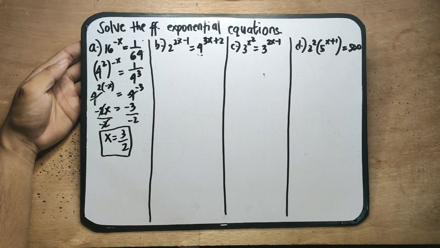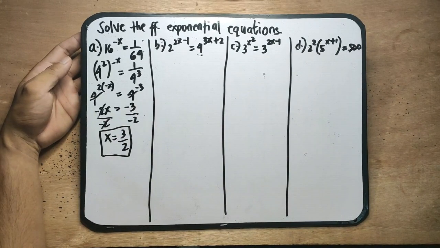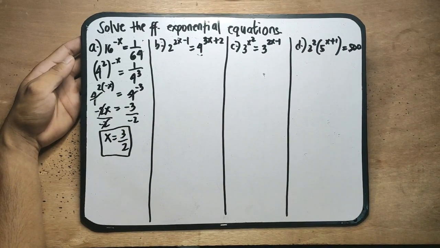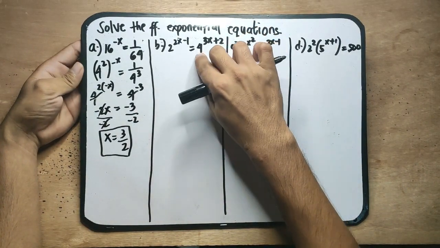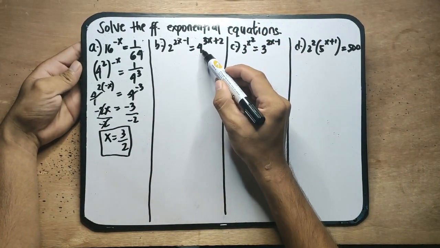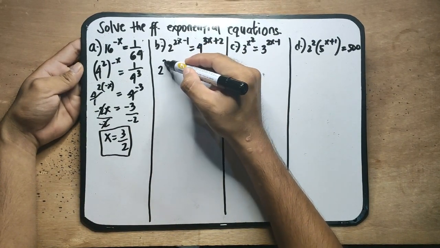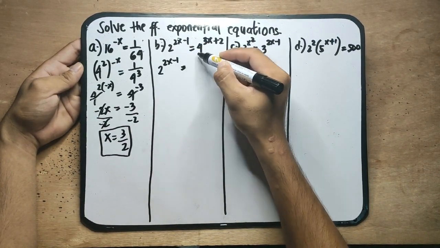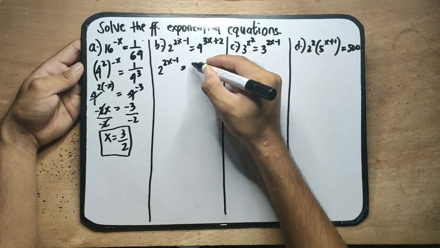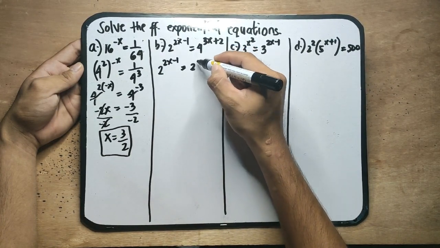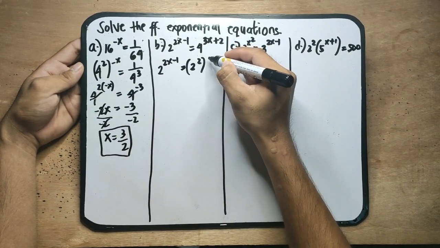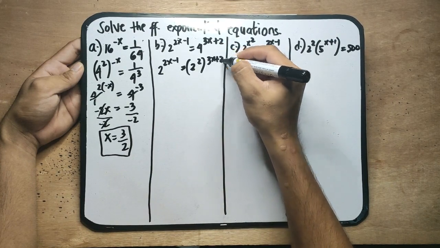For the second item, 2 raised to 2x minus 1 is equal to 4 raised to 3x plus 2. Since si 4 ay multiple ni 2, we will write this in terms of 2 as the base. So, we bring down 2 raised to 2x minus 1. And si 4, it can be written as 2 times 2 or 2 squared raised to 3x plus 2.